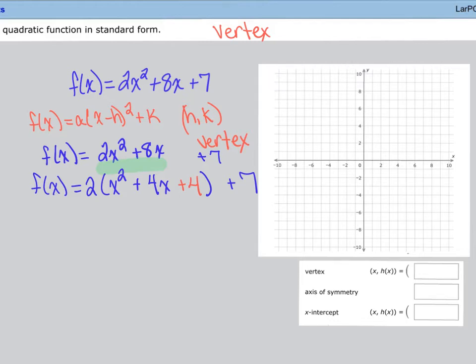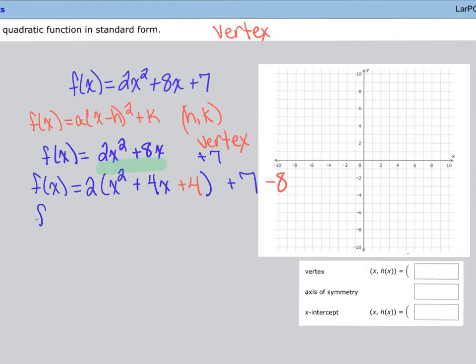So what do I want to do outside the parentheses? I'm not going to add 8. Minus 8. I have to do the opposite because we're all talking about one side of the equation. We're not doing 2 different sides. We're doing one side of the equation. Okay? So now I am where I want to be.